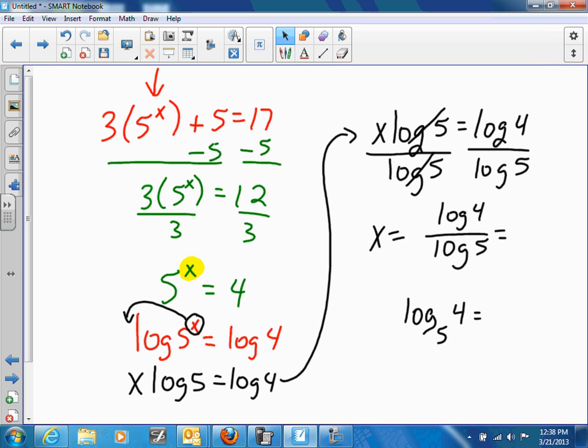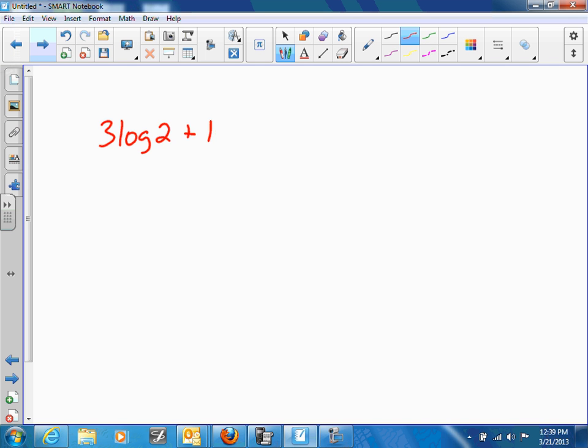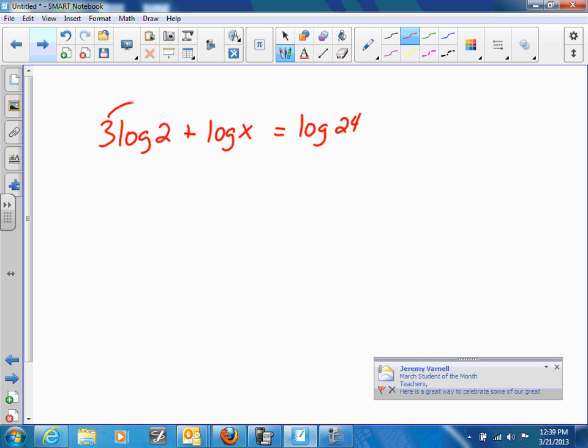Okay? The next scenario is when you have a combination. 3 log of 2 plus log of x equals log of 24. Well, in this case, I'm going to bring that 3 here.